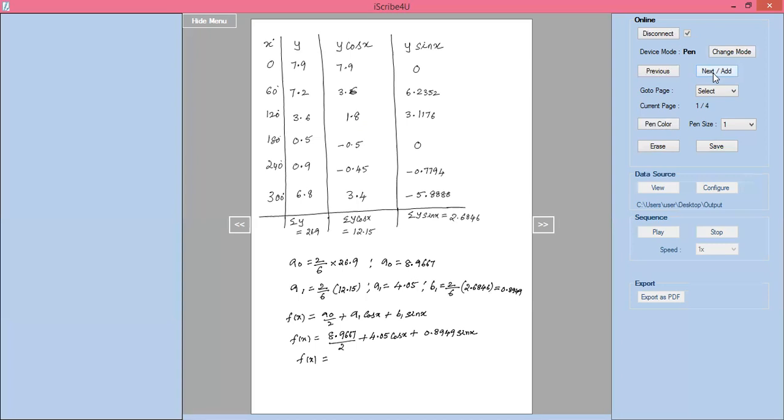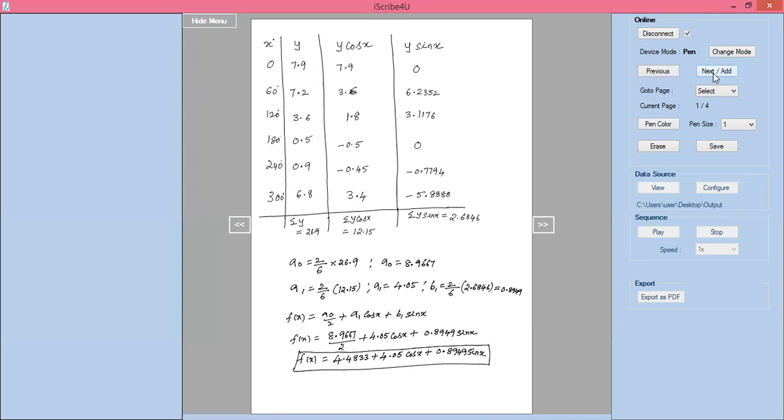If you simplify this, you will get f of x equals 4.4833 plus 4.05 into cos x plus 0.8949 into sin x, which is the required solution of the given equation.